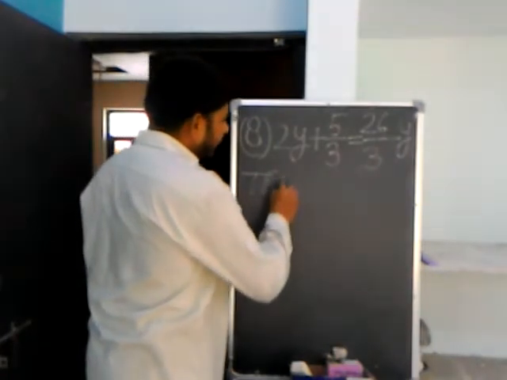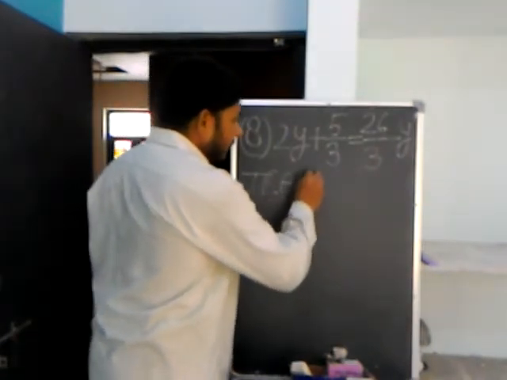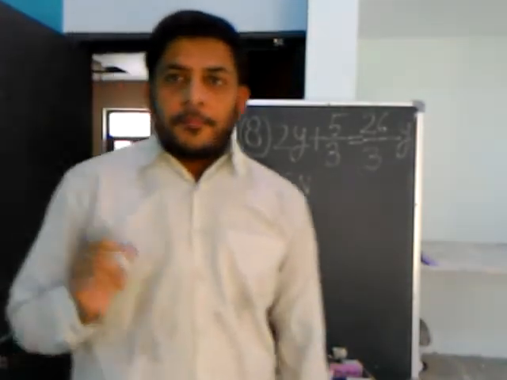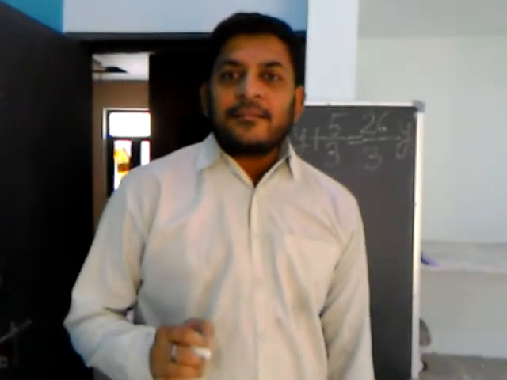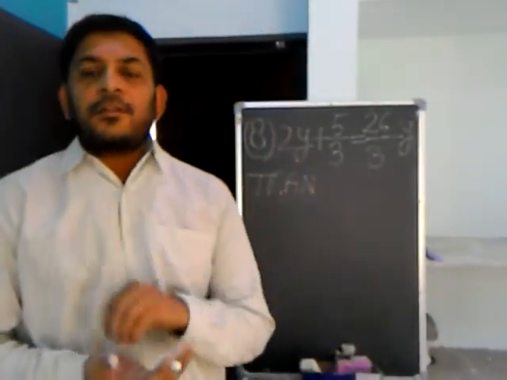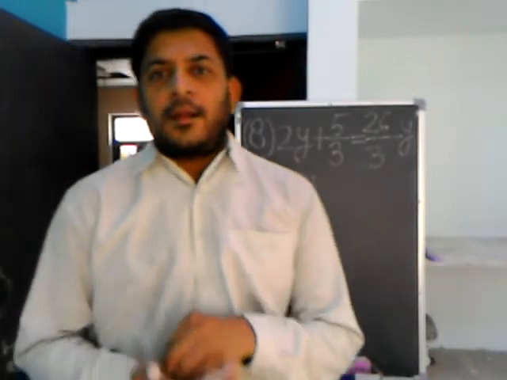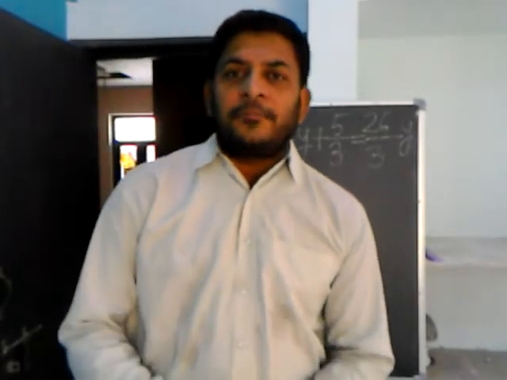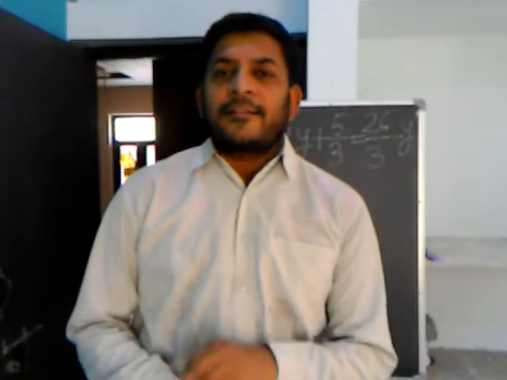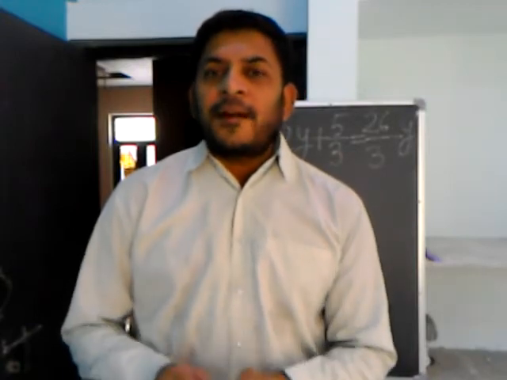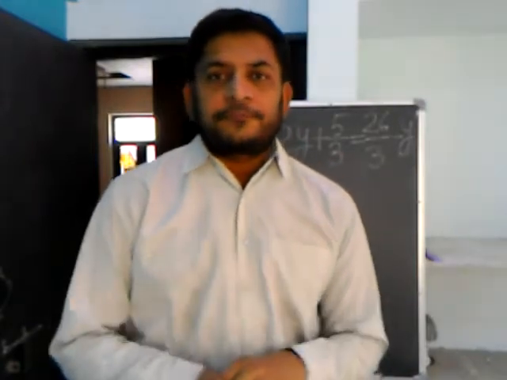I will write this, and please let me point out here that you must write all the steps involved in solving a question to get full marks in that question.